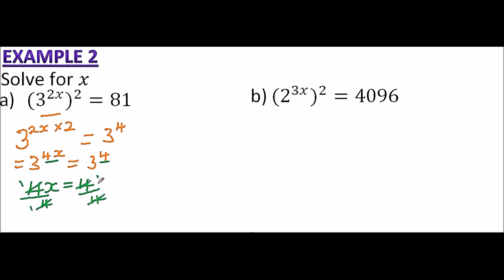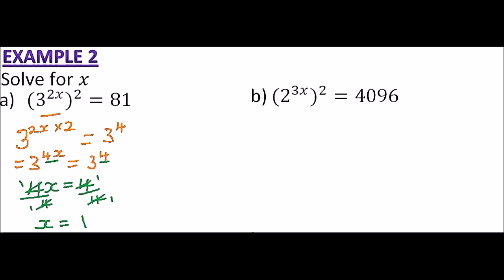Therefore, our x is equal to 1. And if you substitute, you find 2 times 1 is 2, in brackets squared, that will be 3 to power 4, which is the same as 81.